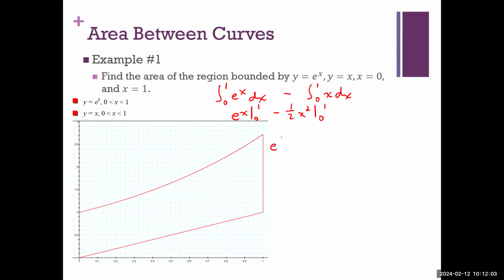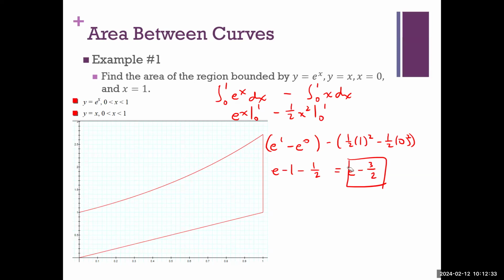I get e to the 1 minus e to the 0, minus 1/2 of 1 squared minus 1/2 of 0 squared, e minus 1 minus 1/2. So e minus 3/2. We okay with that? Any questions so far?